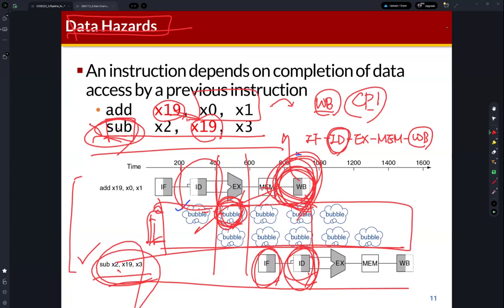For the ideal processor, we just assume that CPI is 1, but it's not true. The CPI is larger than 1 because of hazard. Because the CPI is increased, the performance is decreased, and we need to avoid this situation, right?